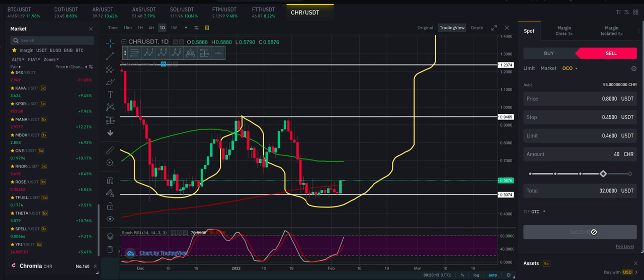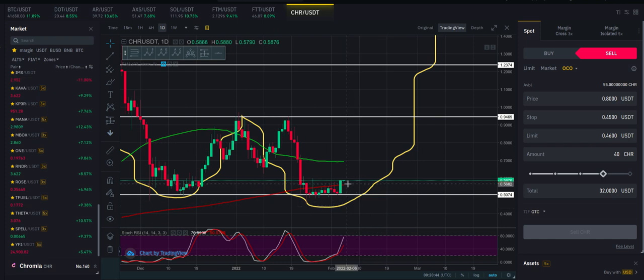One thing I want you to understand about the OCO is that, just like the name implies, one cancels the other. If the trade goes up and gets to 0.80, it will sell. The moment 0.80 is executed, it will cancel the 0.45 stop loss. So once it sells, it will cancel the other order.